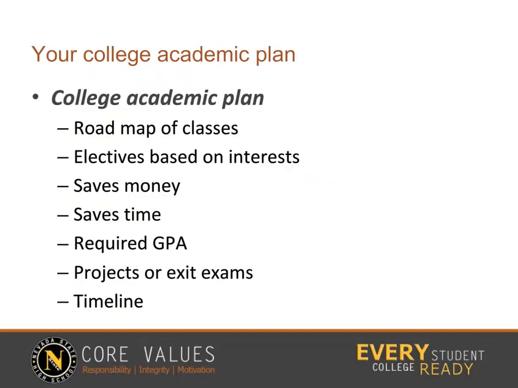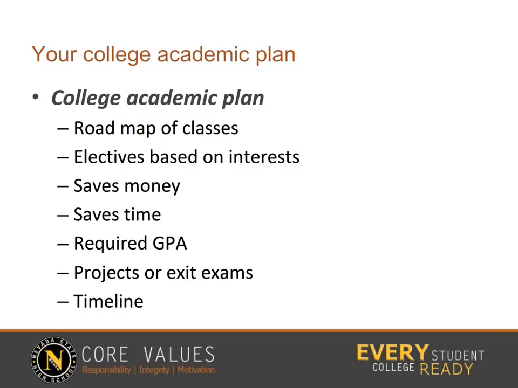A college academic plan helps you save time and money by taking the right classes for your degree of interest and planning ahead. It is a roadmap to help you stay on track to graduate. A college academic plan will also outline any grade point requirements, exams or portfolios required to earn a degree, and when students should apply into their prospective college and for graduation.